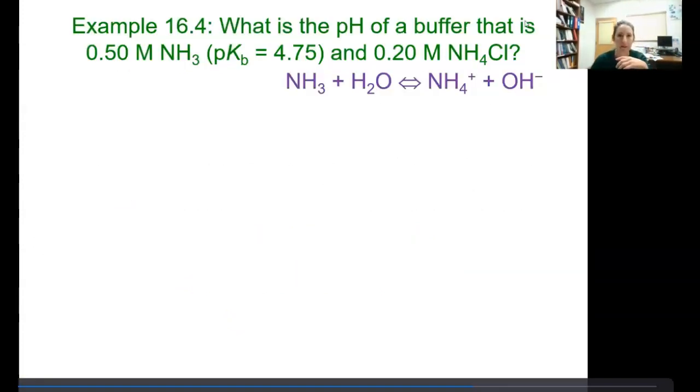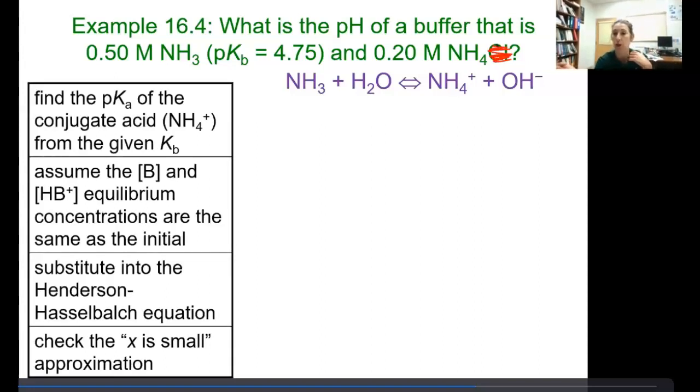Okay, so now I'm going to show you how to do this in two different ways. What's the pH of a buffer that is 0.5 ammonia, with the pKb given, and 0.2 ammonium chloride? Now remember, chloride, I do not care, it is not important. All we see is the net ionic here.